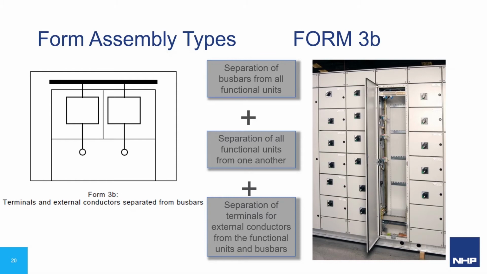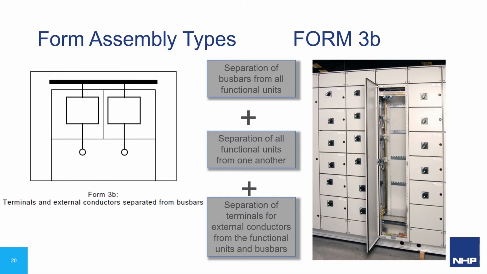There is no requirement to separate the terminals for each circuit from one another, but they must be kept separate from the distribution busbar. The aforementioned typically translates to a board as per the right of the screen, with a separate compartment per functional unit which extends to terminals for external conductors being placed in our cable zone.